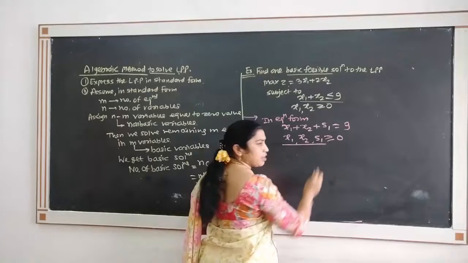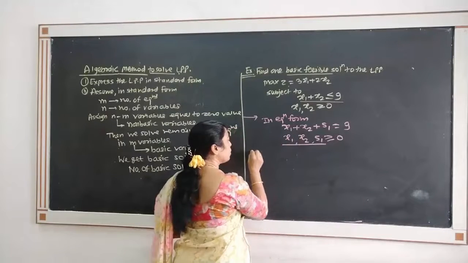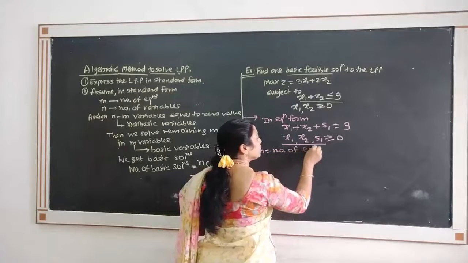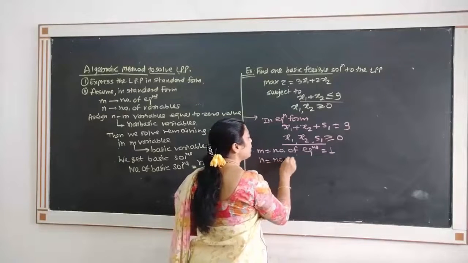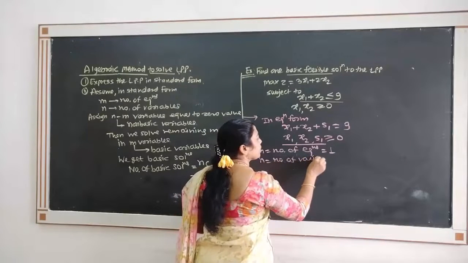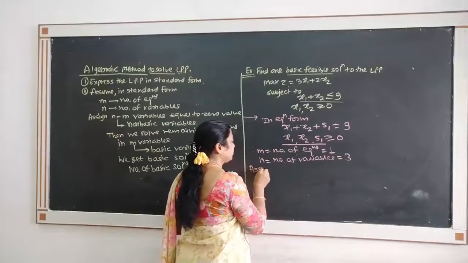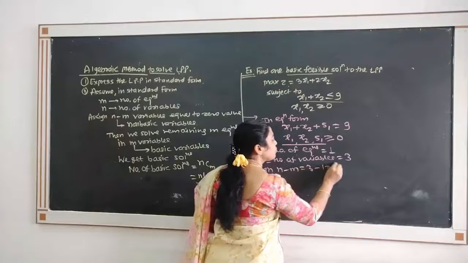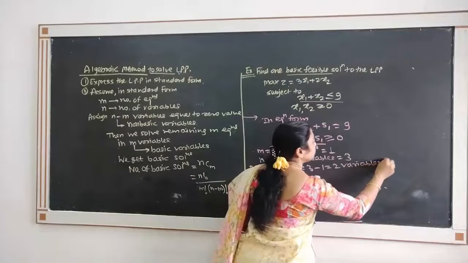Now we have three variables and only one equation. So m, the number of equations, is equal to 1 and n, the number of variables, is equal to 3. So we assign n minus m, that is 3 minus 1, that is 2 variables, 0 value.